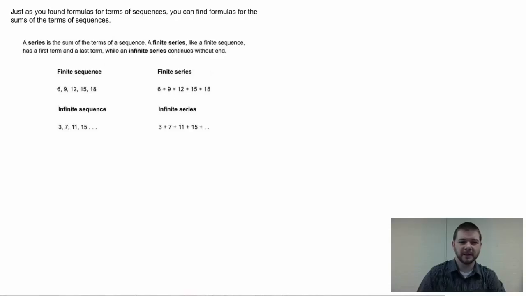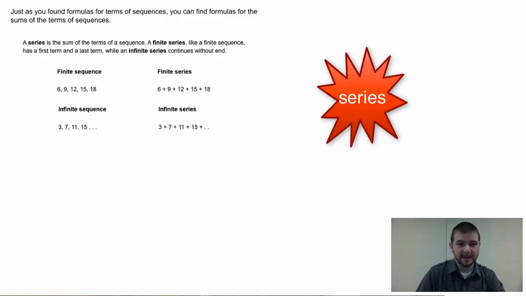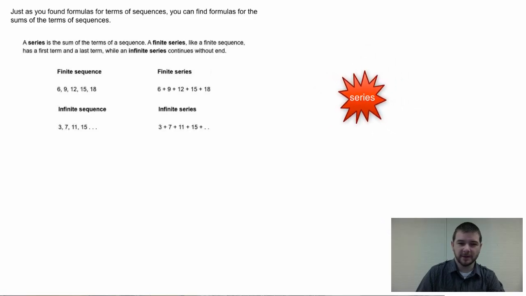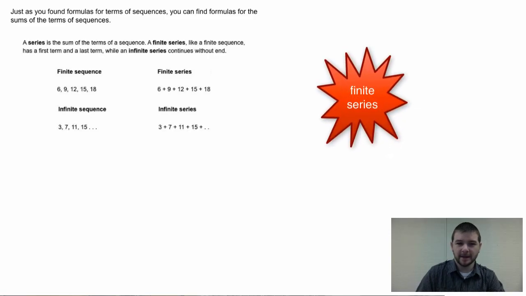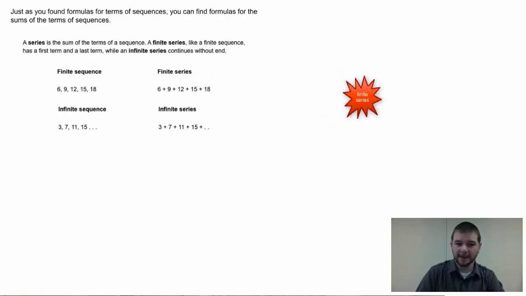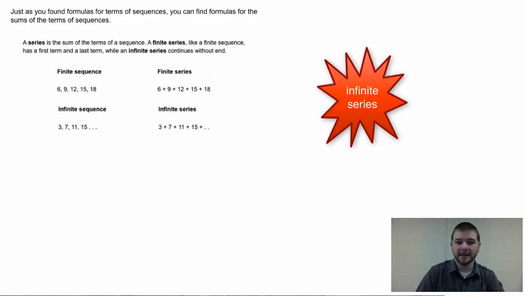Just as you found formulas for terms of sequences, you can find formulas for the sums of the terms of sequences. And remember, that's all a series is. Here's a definition. A series is the sum of the terms of a sequence. A finite series, like a finite sequence, has a first term and a last term, while an infinite series continues without end, or we might say it continues indefinitely.